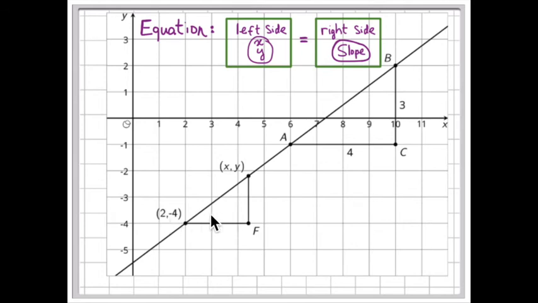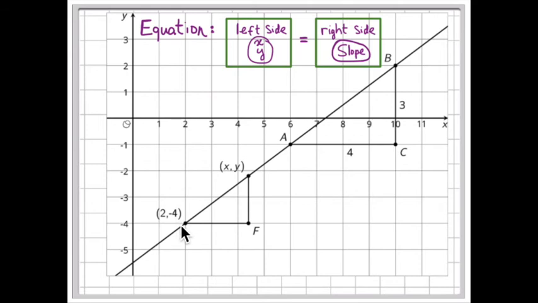So you're going to slide this over 2 units. So this slope triangle is going to end up right up here, with the horizontal distance being the distance along the x-axis, which is going to be x minus 2, and the vertical distance being the distance along the y-axis, which is y minus a -4, but that's y plus 4. So let me visually show you, and that's it.